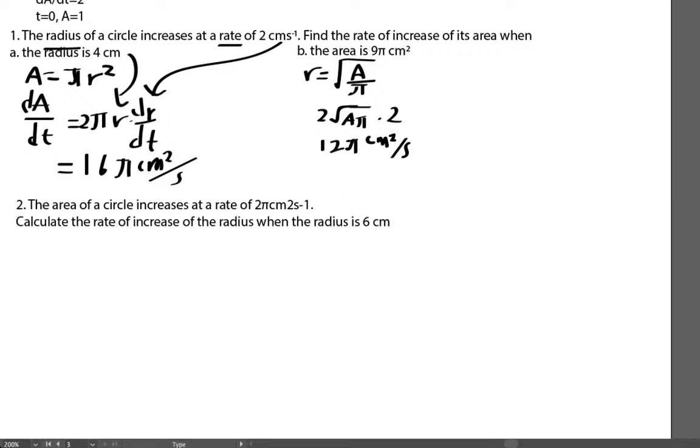There we go. Previously we used that r equals the square root of A over pi.